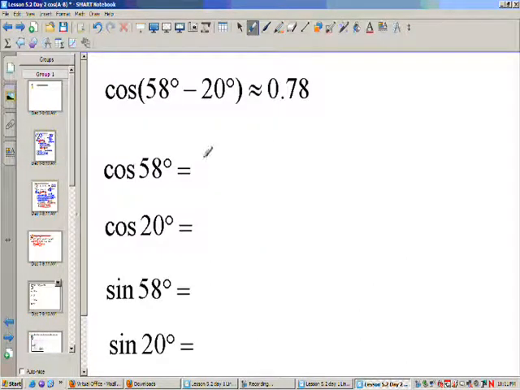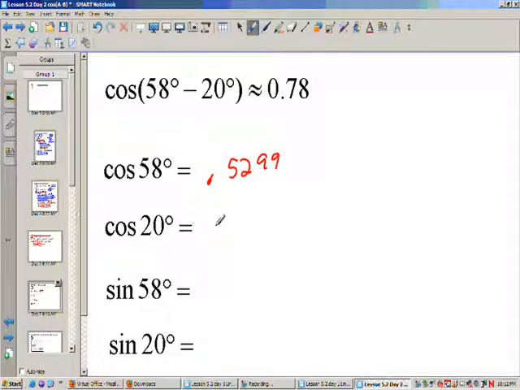So we can't just use the distributive property with cosine. Now let's look at each value. Cosine of 58, cosine 20, sine 58, sine 20. This value is 0.5299.